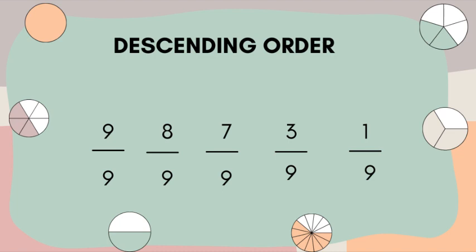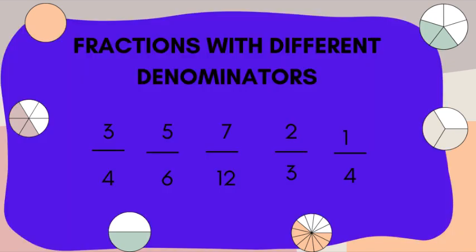Let's take a look at another example so we can have a better understanding of ordering fractions into descending order. For this example, we'll look at fractions with different denominators. We have 3 quarters, 5 over 6, 7 over 12, 2 over 3, and a quarter.